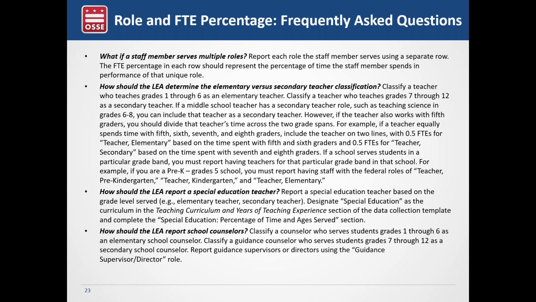I will say there's a little bit of gray area for 7th and 8th graders. So if you are a pre-K-8 or a K-8 campus, you can include teachers and staff as elementary up through grade 8, but you have to have them as 9th through 12th if they are secondary, and definitely elementary if they're 1st through 5th.